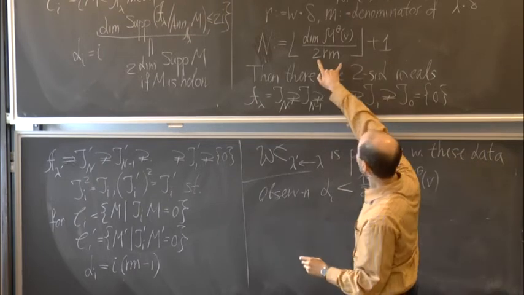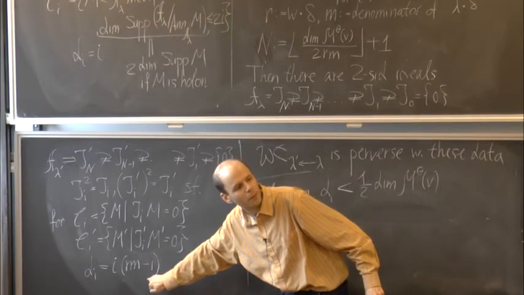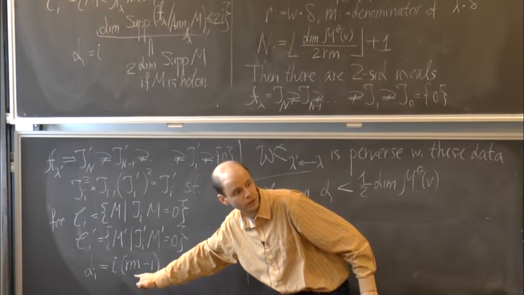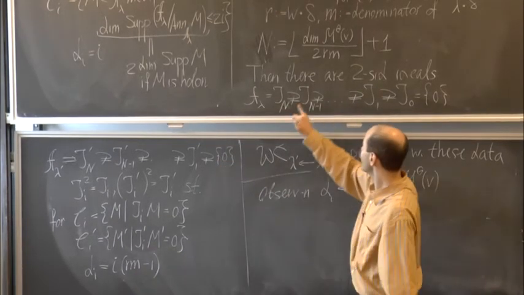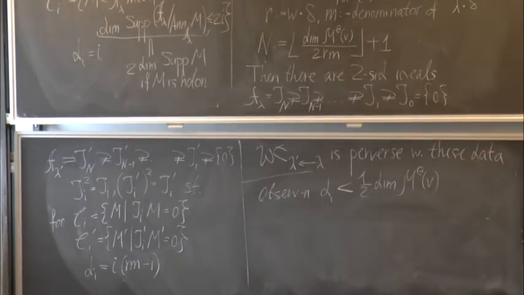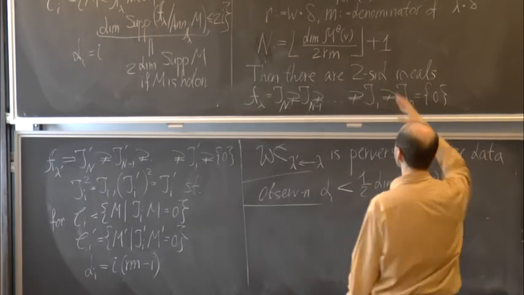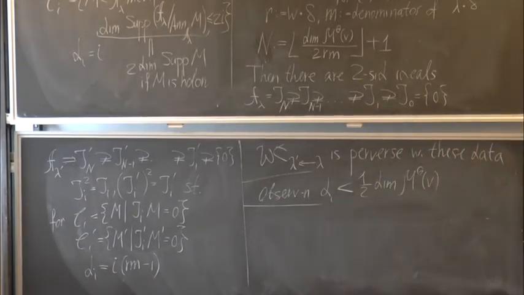Because here you divide by 2Rm, and here you multiply by Rm minus 1. So this factor here is less than the denominator here. All right, so in the remaining minus 1 minute, I mean, of course this statement is impossible to comprehend, but I want to explain what this means.